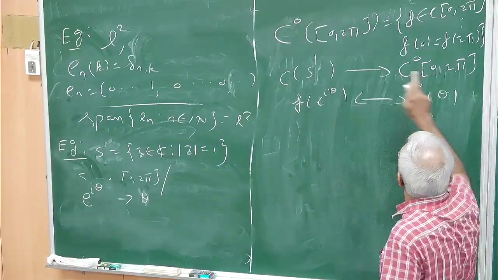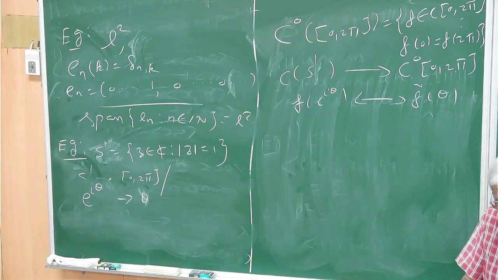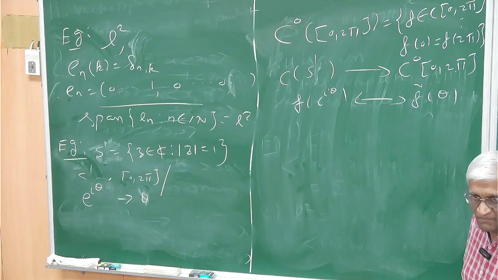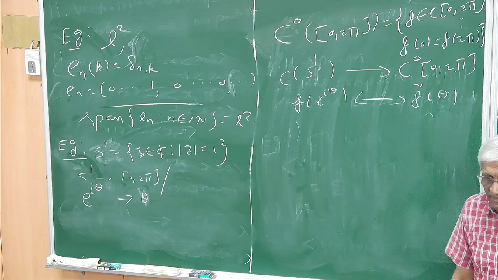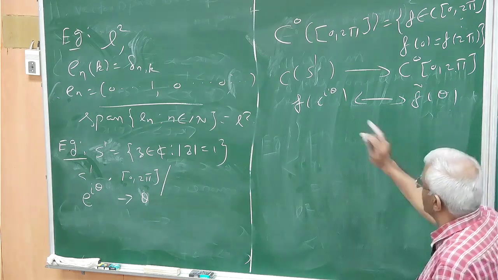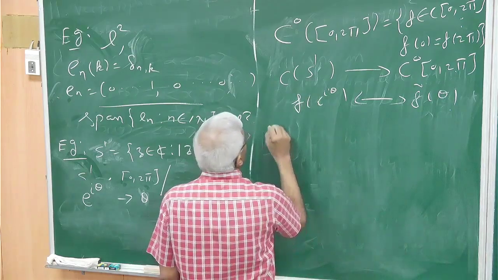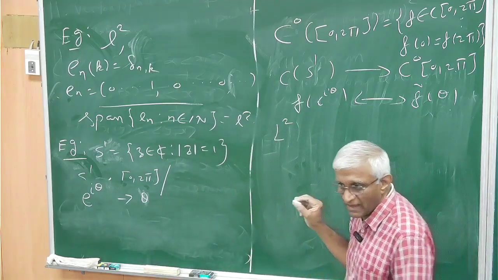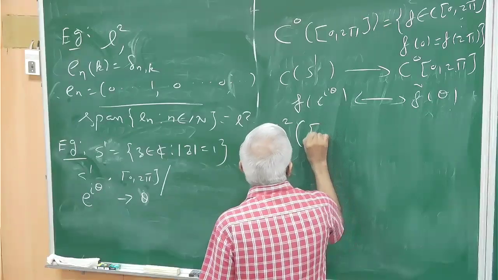If you are comfortable not differentiating the notation, it's fine; in case there is confusion, call it f tilde. But you will get only L2, because a single point doesn't matter. If you close it, you will get only L2 of 0 to 2 pi.